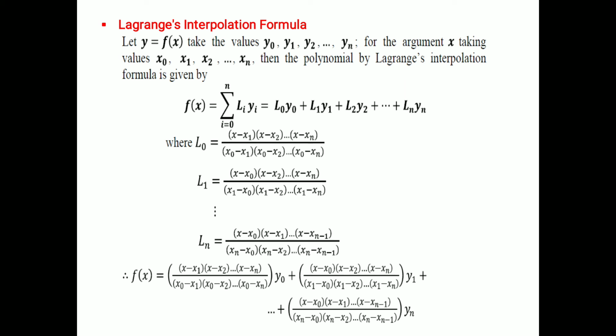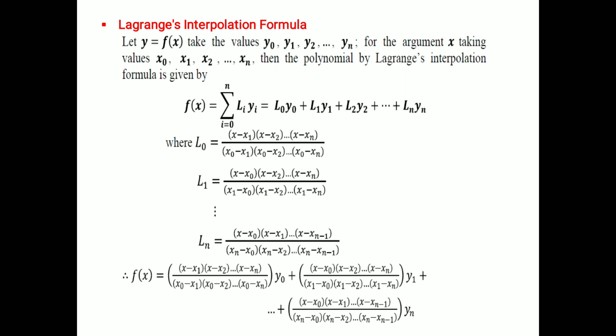Similarly, the value of L1 is given by skipping x1 in the numerator and taking the differences from x to all the other values of x, that is L1 is given by (x minus x0)(x minus x2) up to (x minus xn), divided by (x1 minus x0)(x1 minus x2)(x1 minus x3) up to (x1 minus xn).